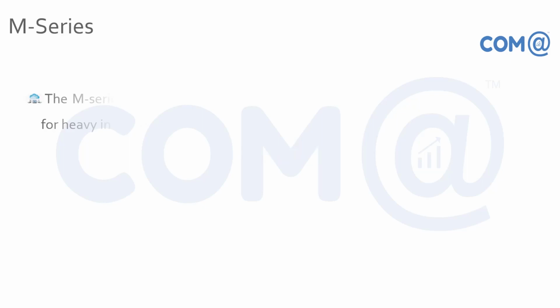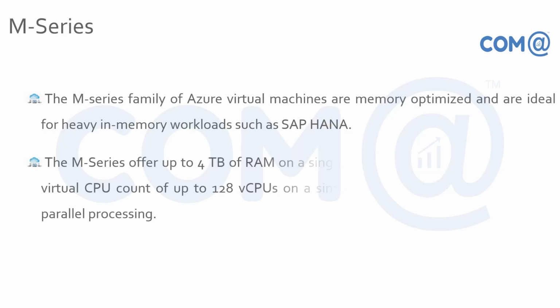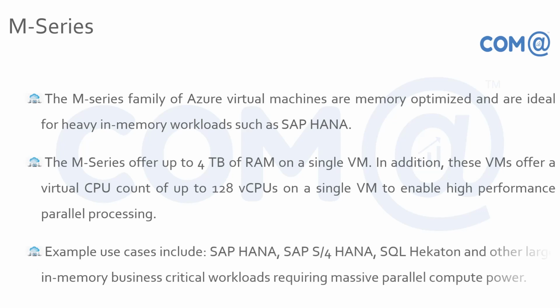And coming to the M series. The M series family of Azure virtual machines are memory optimized and ideal for heavy in-memory workloads such as SAP HANA. The M series offers up to 4 terabytes of RAM on a single virtual machine.